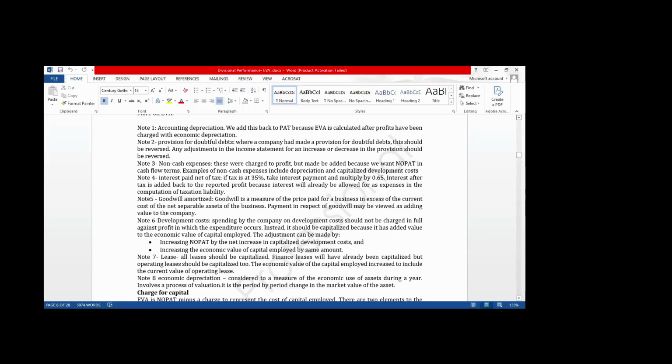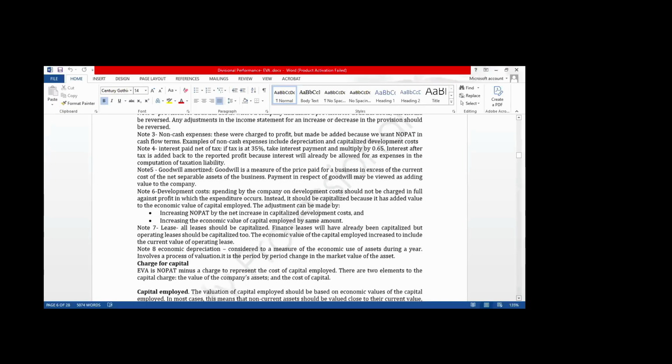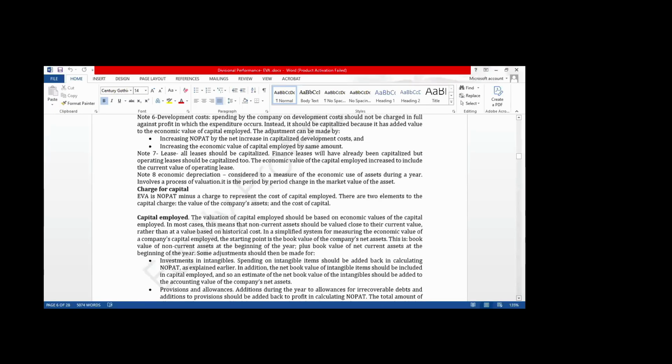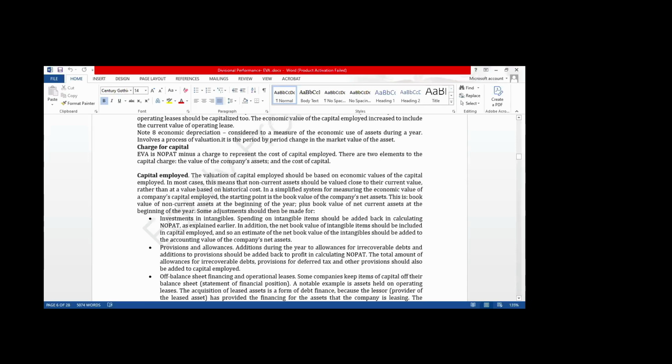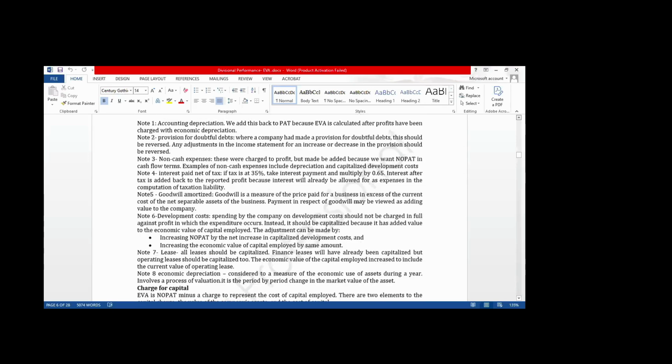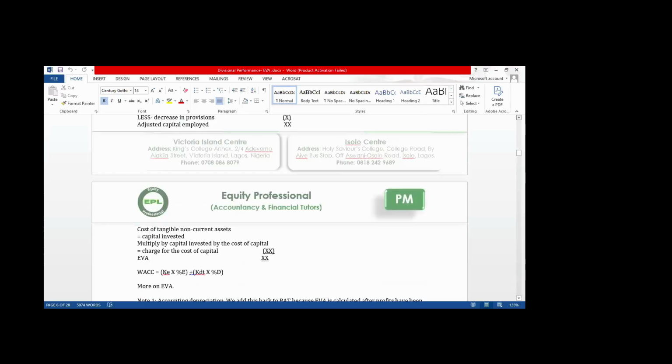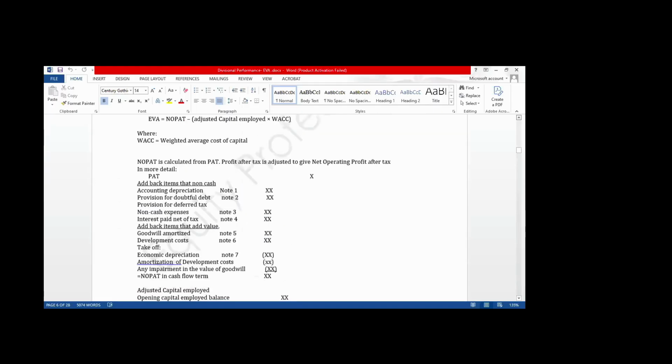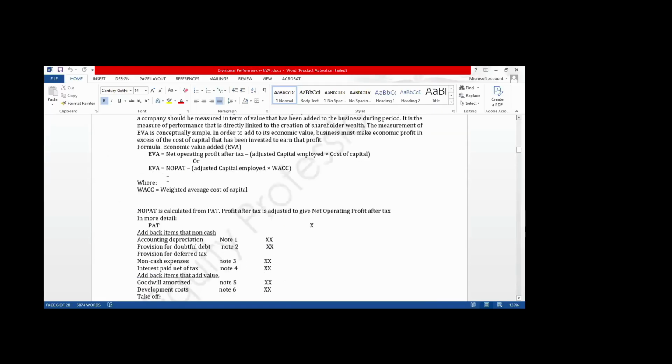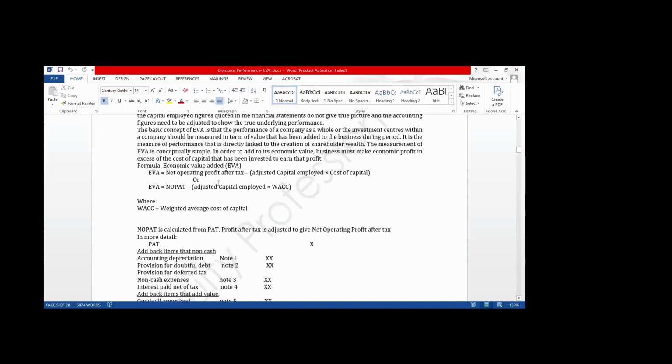To calculate economic value added, look at it. Economic value added is calculated as net operating profit after tax minus, in brackets, adjusted capital employed multiplied by the cost of capital.